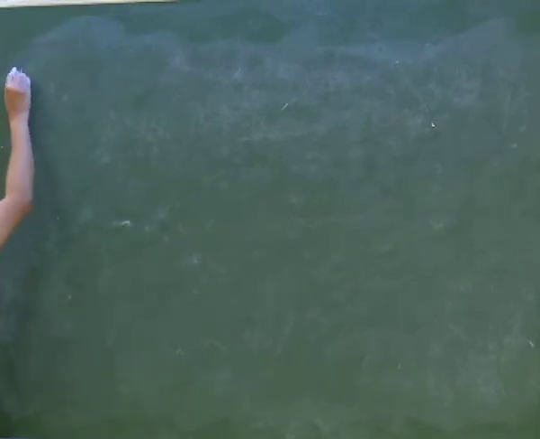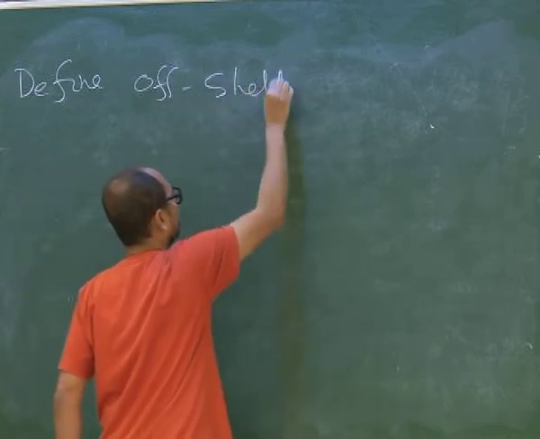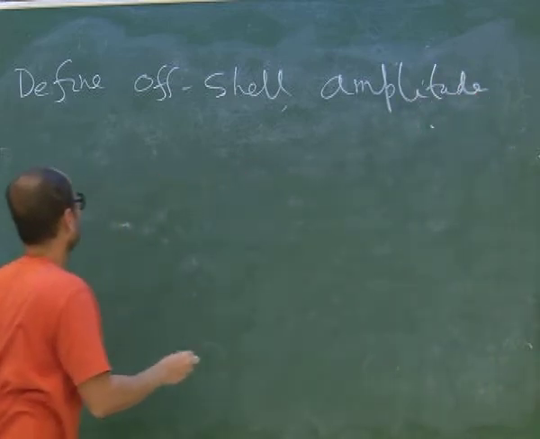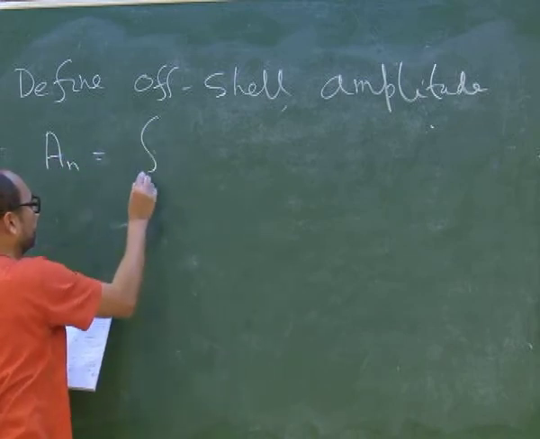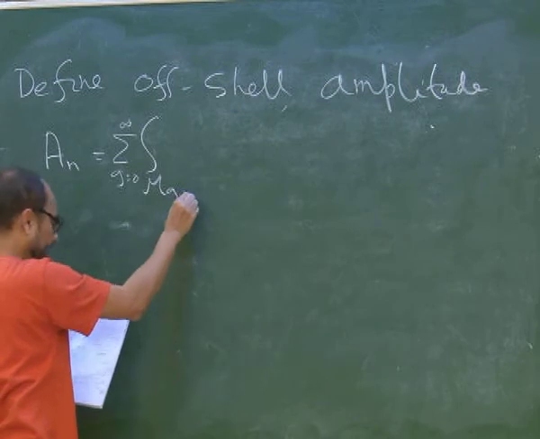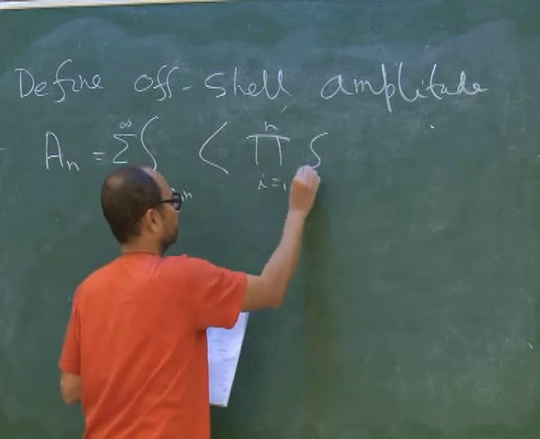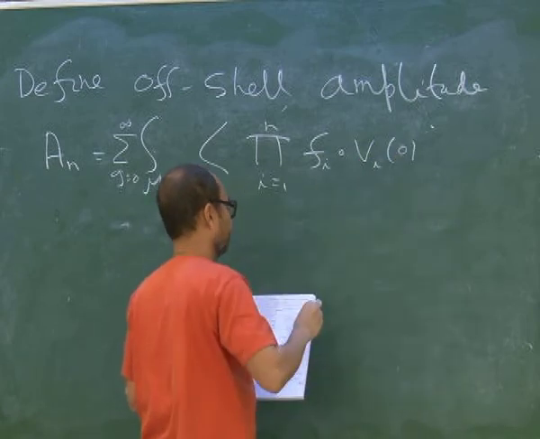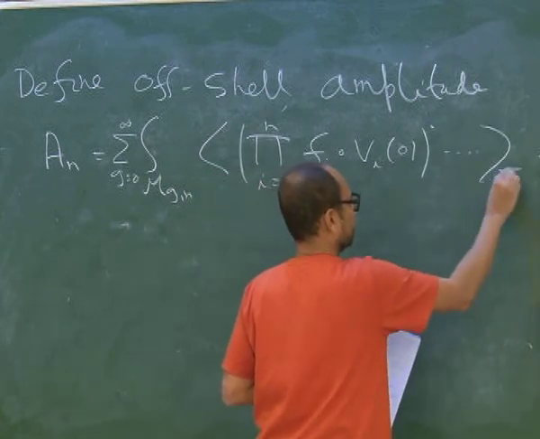Okay, so define the off-shell amplitude N, which will be the integral of the sum over g from 0 to infinity, integral over M_{g,n}, with the usual ghost insertions.